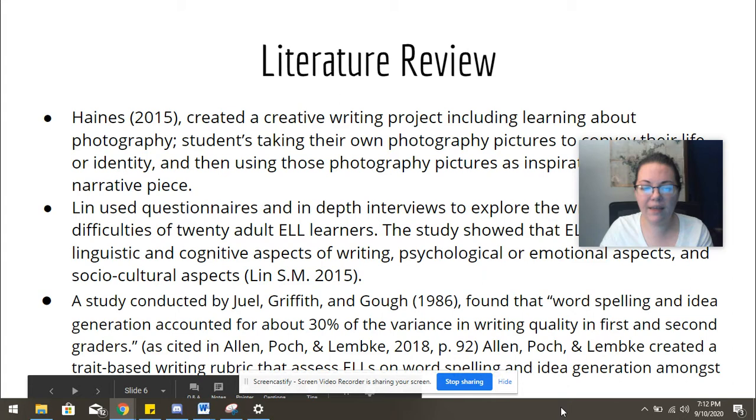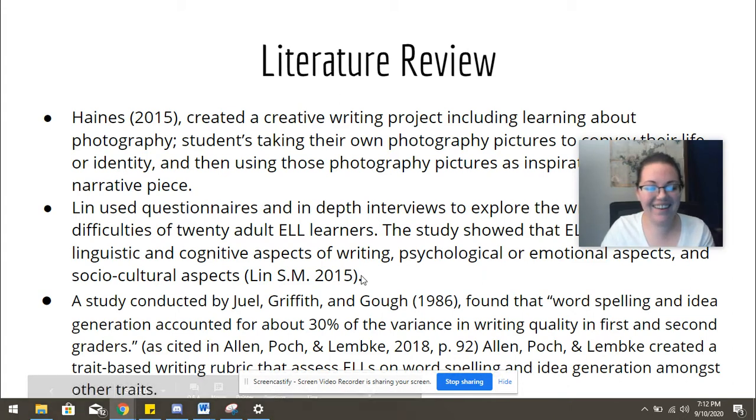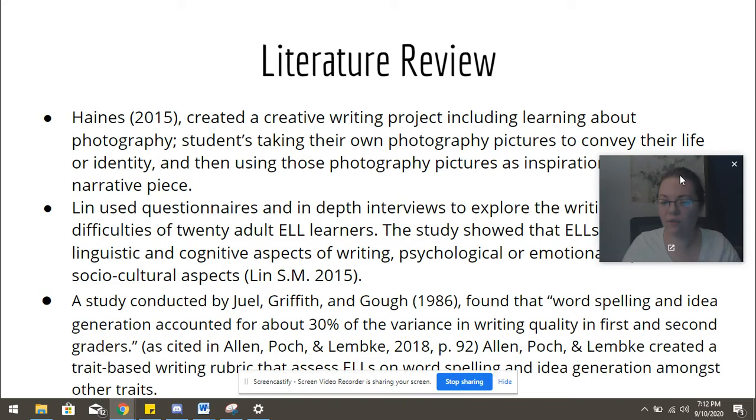So Allen, Pock, and Lemke from 2018 created a trait-based writing rubric that assessed ELLs on word spelling and idea generation, amongst other traits. So I will be using one of those trait-based writing rubrics in my action research as well.